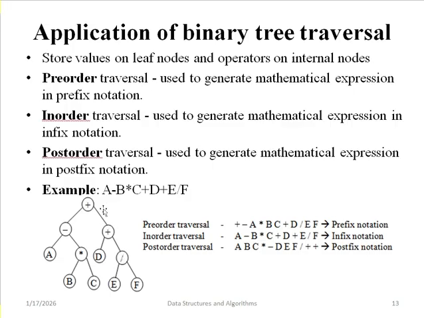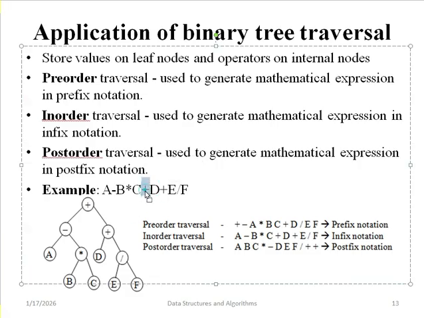Now, once we have constructed the tree, because here plus will be evaluated last, we will represent multiplication and division at the lower nodes as internal nodes. So the middle one will be the root node.